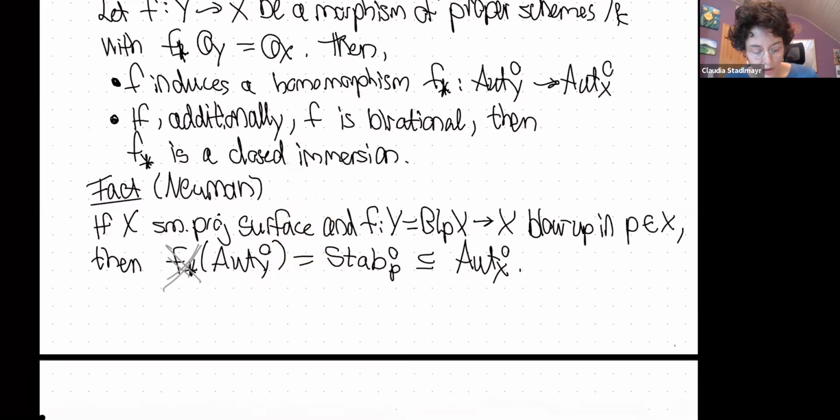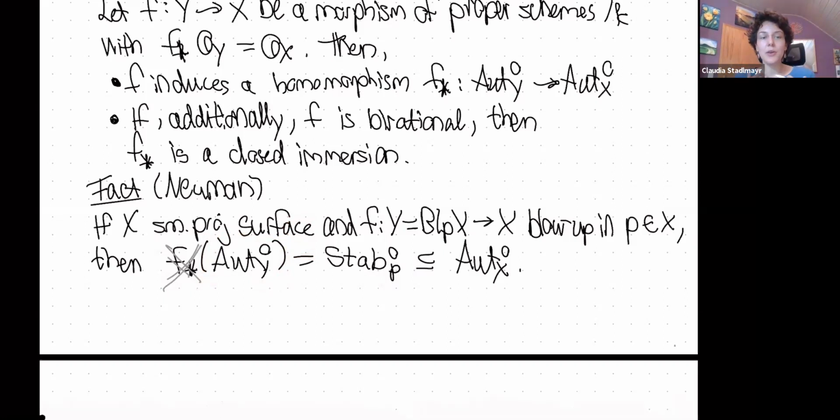For this, we have to show that f lower star Aut Y0 fixes our blown up point P. And this is precisely the case when Aut Y0 preserves the exceptional locus of our blow-up. But that is true because the exceptional locus is rigid and our group scheme Aut Y0 is connected. So E, the exceptional locus, is preserved, and therefore our point is fixed and we get this containment.